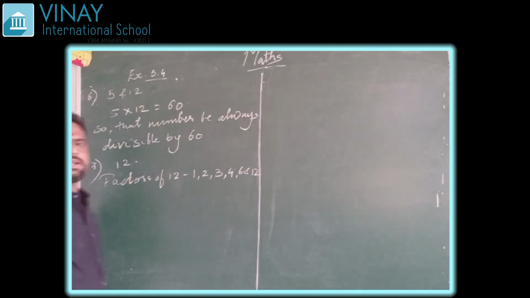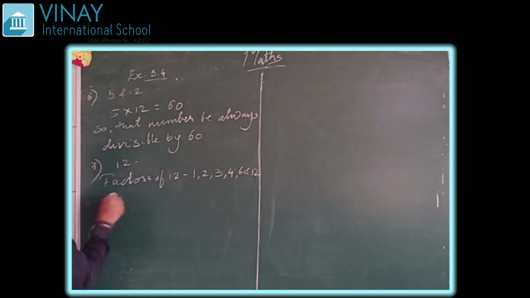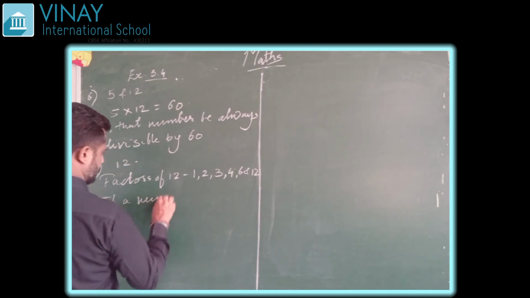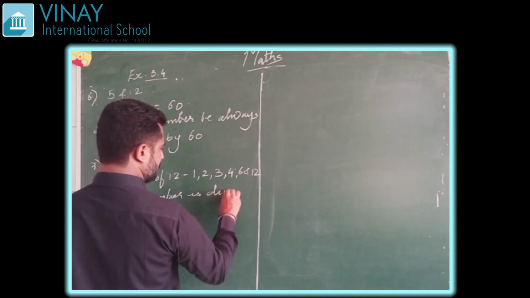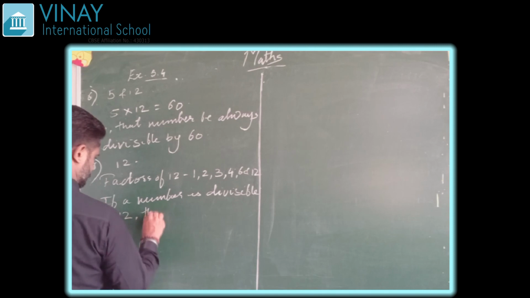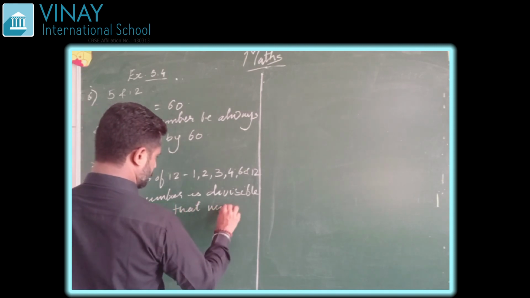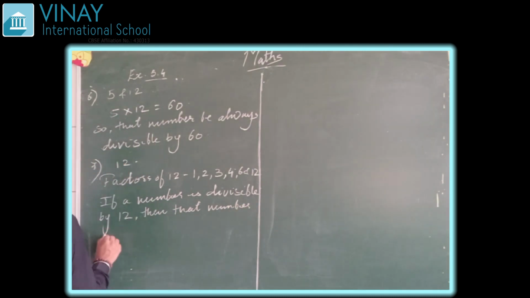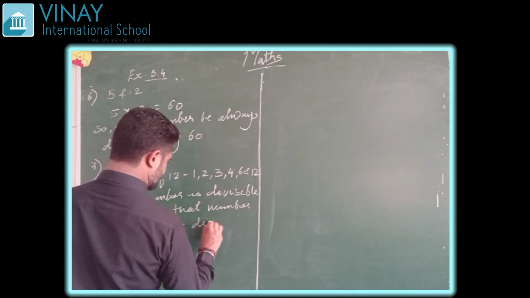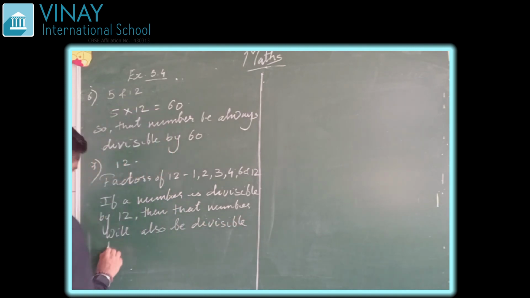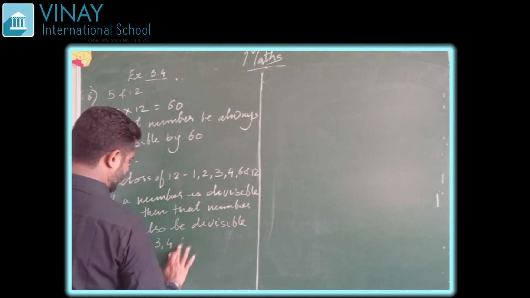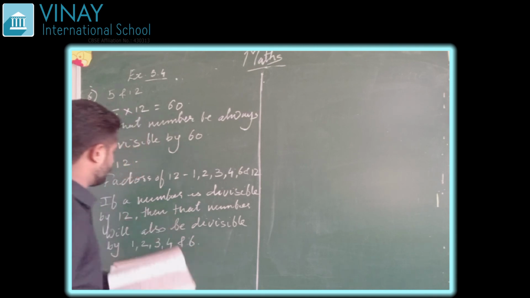So if a number is divisible by 12, then that number will also be divisible by 1, 2, 3, 4 and 6, which are the factors of 12.